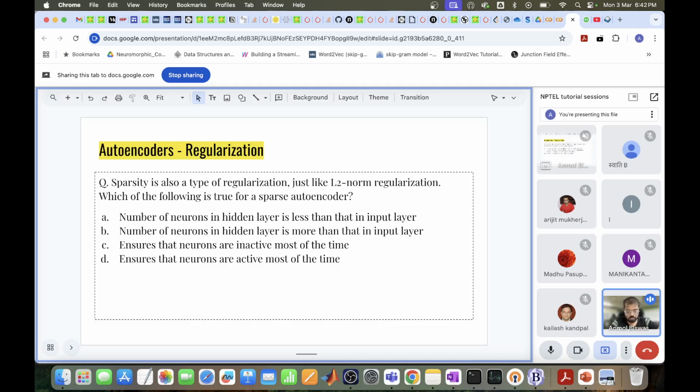Is it that the number of neurons in the hidden layer is less than or greater than the input layer, or that neurons are inactive or active most of the time? If you think about the definition of sparsity and sparseness, it should be fairly simple to reason out which is the correct option to choose.